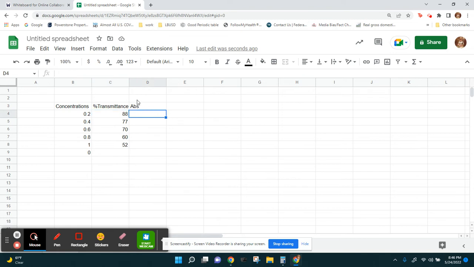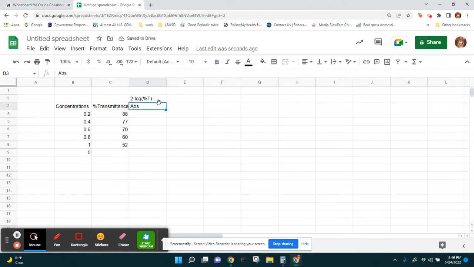Here's the deal: since the absorbance formula is 2 minus the log of the percent transmittance, we're going to have to do something here so we can get the absorbance.